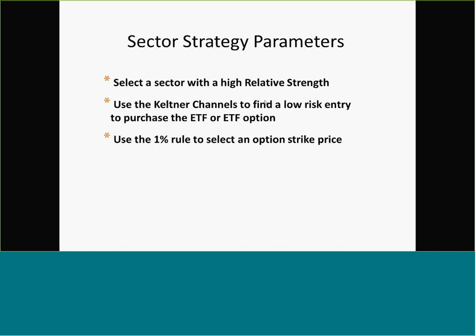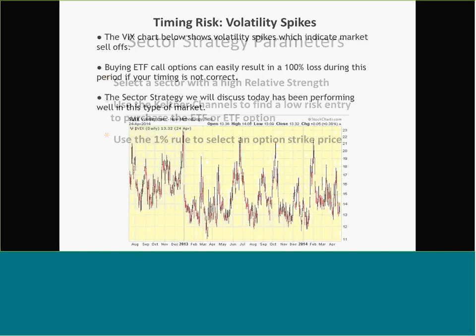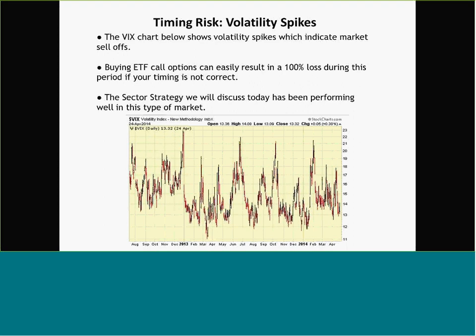So we want to select a sector with a high relative strength, and once we identify a sector, then we want to use the Keltner channels to find a low risk entry point to purchase the ETF or the ETF option, and then we use the 1% rule to select an option strike price, and I'll show you examples of these.